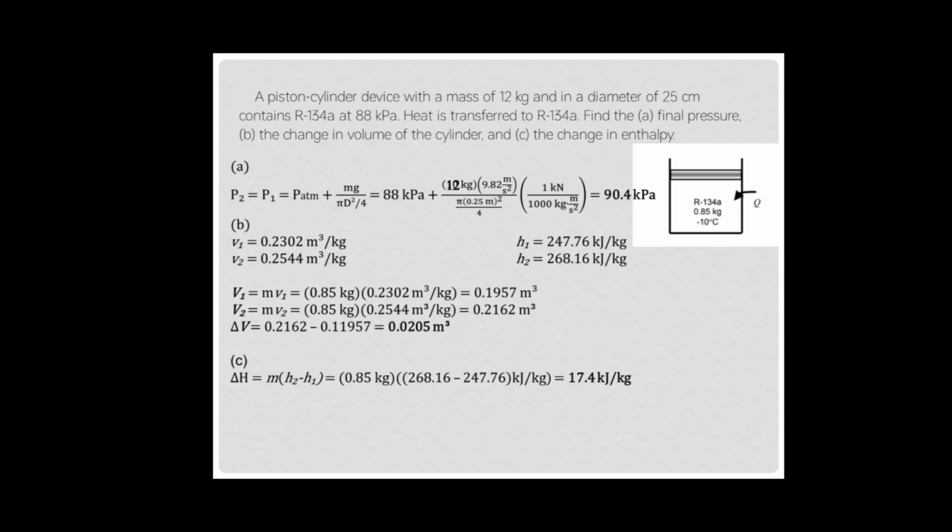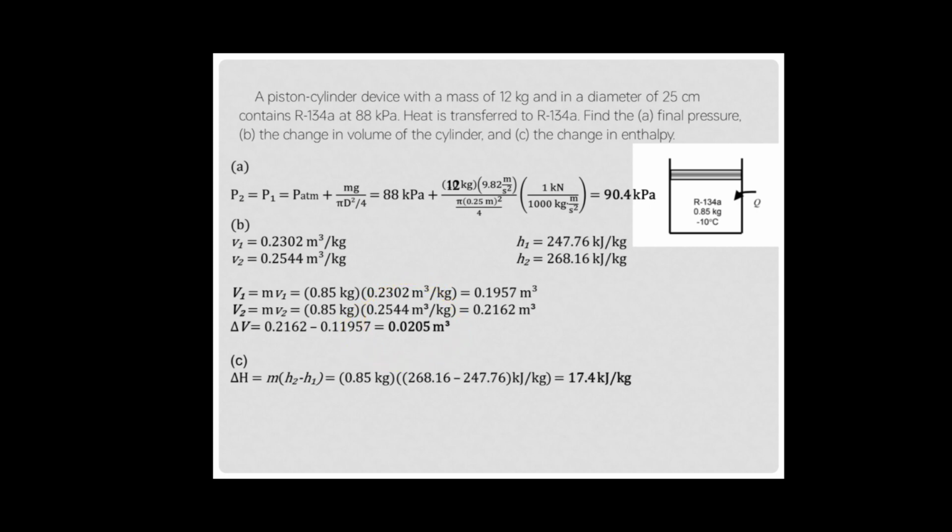Now, to solve for change in volume, change in volume is equal to final volume minus the initial volume, which is 0.2162 cubic meter minus 0.1957 cubic meter equals 0.0205 cubic meter. Now, this is our change in volume.